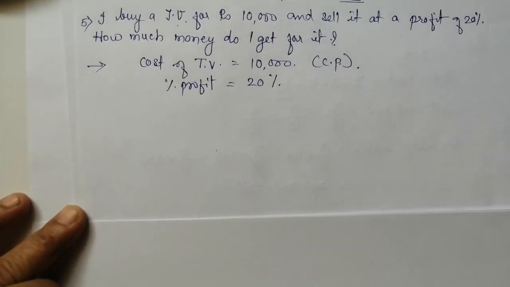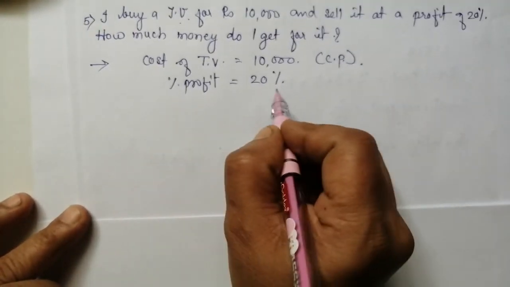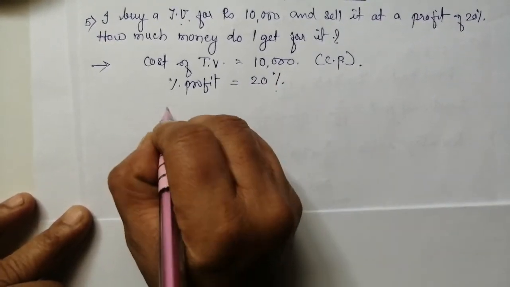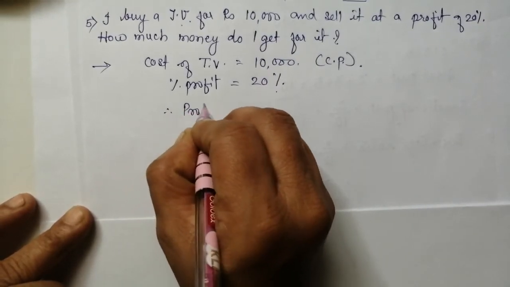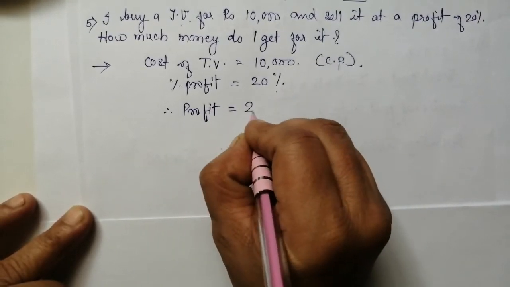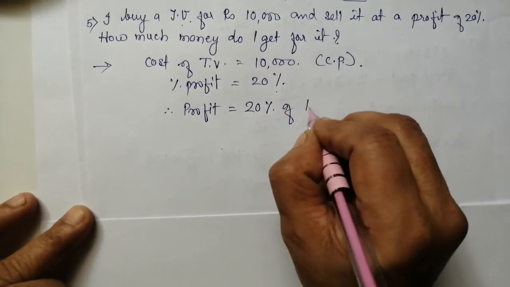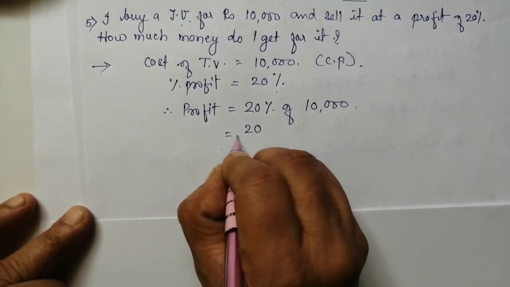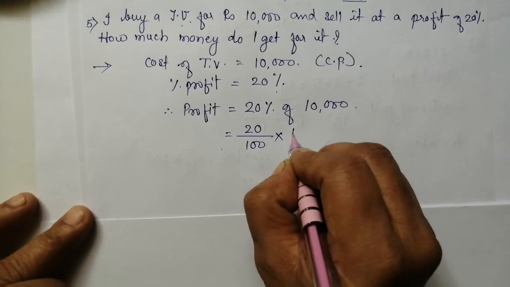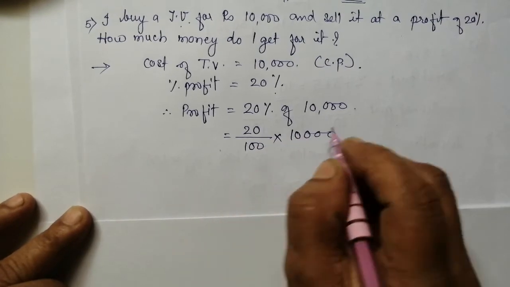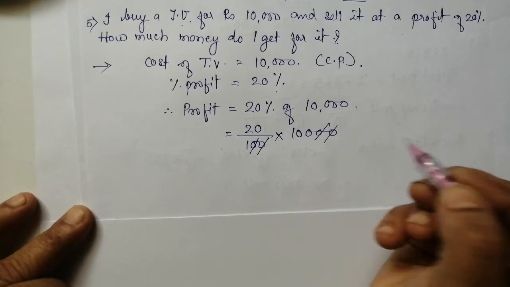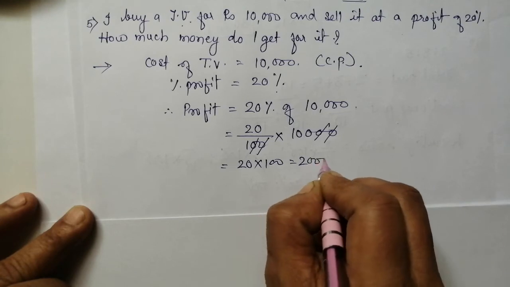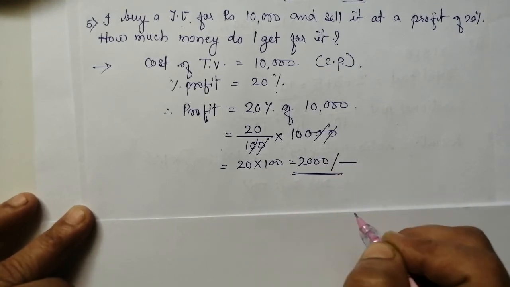Now how much money have I got? First of all, this 20% I got on 10,000 rupees, so we have to find the profit. The profit means we have to find 20% of 10,000. 20% of 10,000 means 20 by 100 times 10,000; these two zeros cancel, that means 2,000 rupees profit I got.